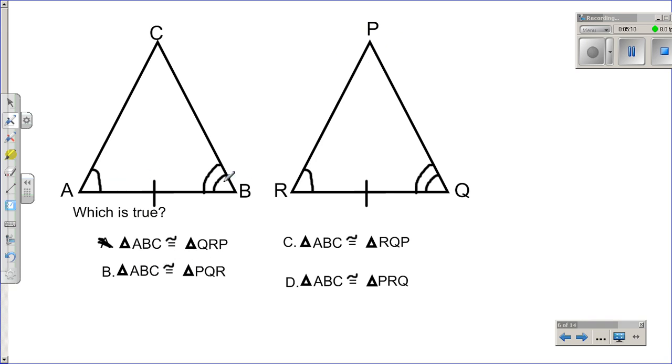A's got one, P does not. We can eliminate that one. This says A and R, that's true. B and Q, that's true. C and P, that's true. So that would have been the answer. So you have to check the letters, making sure they line up.